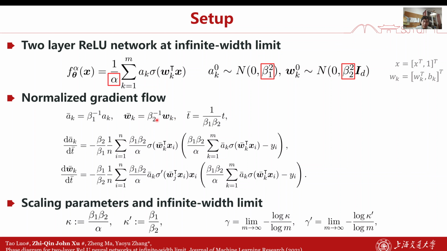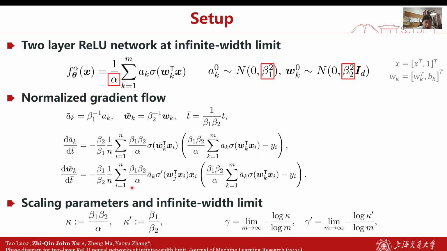And we want to differentiate this normalized and non-normalized weight because we only consider the normalized one. So the gradient flow for the normalized weight can also be derived through the gradient flow of the original parameter. And also for the input and output weight, we can also have this gradient flow.